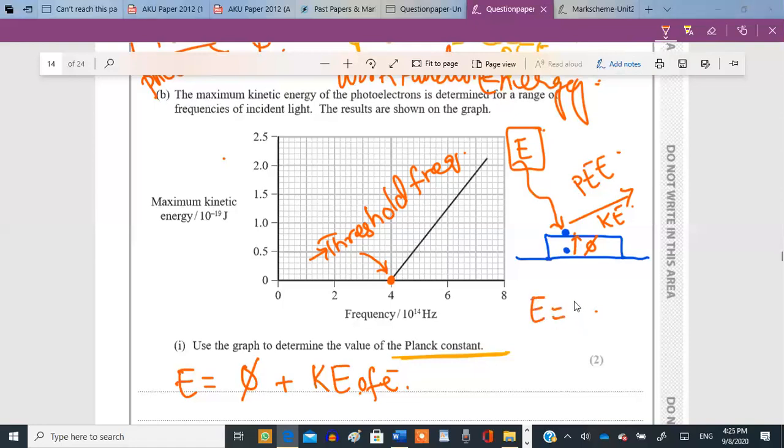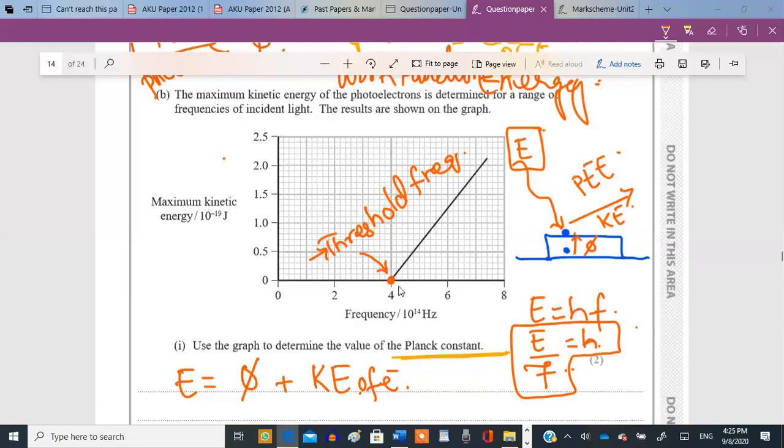Well, that's because energy is equal to h f, right? And h is equal to energy divided by the frequency. Energy divided by frequency is your Planck's constant, and Planck's constant is actually a constant, it will stay constant. So if we calculate the gradient of this graph, we will actually get the value for the Planck's constant. Okay?